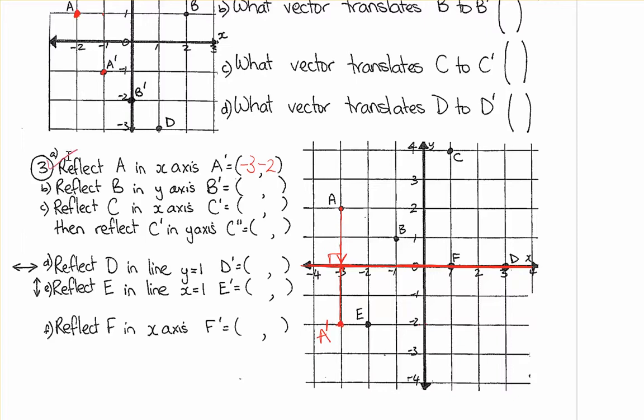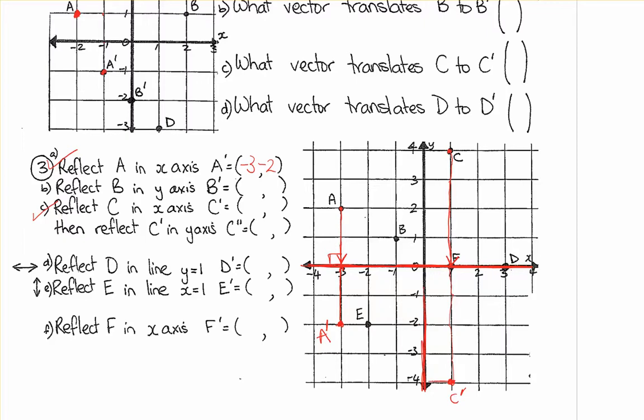So I've done A. I'll have a go at C. Here's point C here. We're reflecting in the x-axis first, so perpendicular into the x-axis. 1, 2, 3, 4 squares. 1, 2, 3, 4. The image will appear back here. That's C dashed. And then straight away we want to reflect C dashed in the y-axis. So this time I'm going to put my ruler or mirror along this axis.